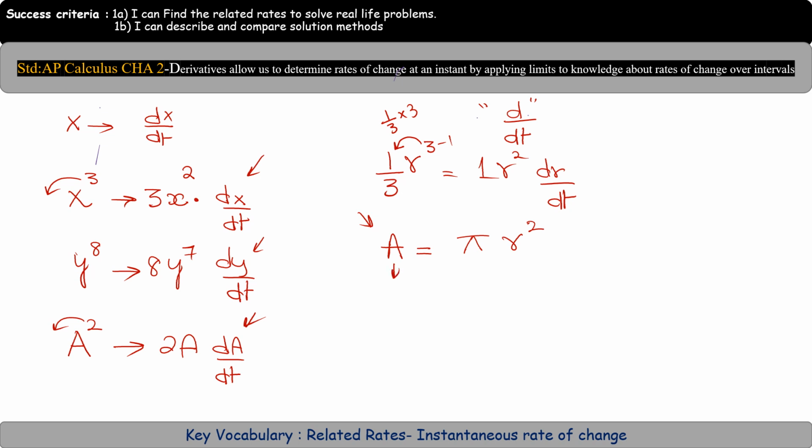The derivative of A will be dA by dt equals, now pi is a constant, so you have to use the constant multiple rule. Multiply 2 with pi, so you will get 2 pi r. From the power subtract 1, and after that you have to write dr by dt.